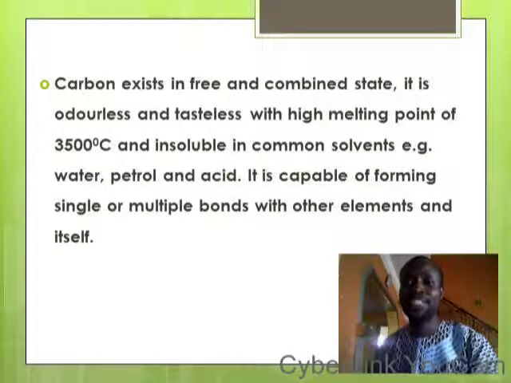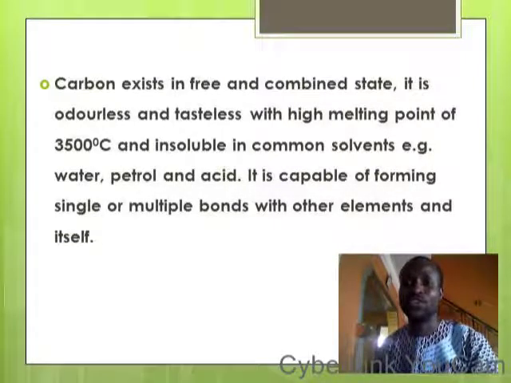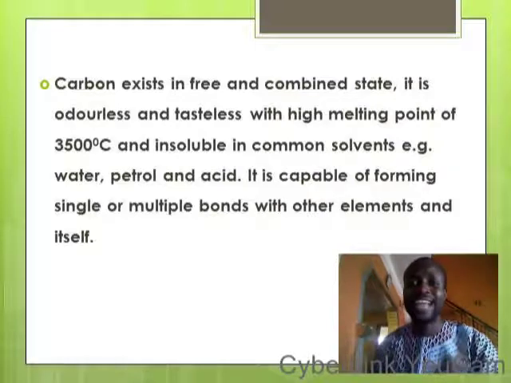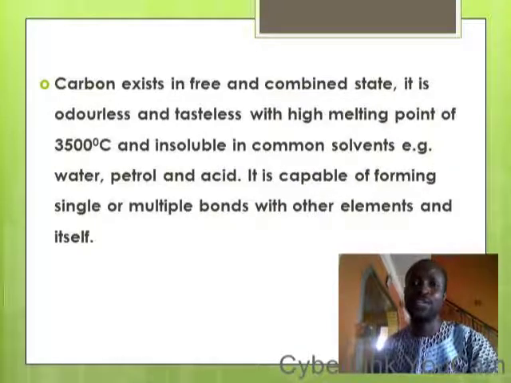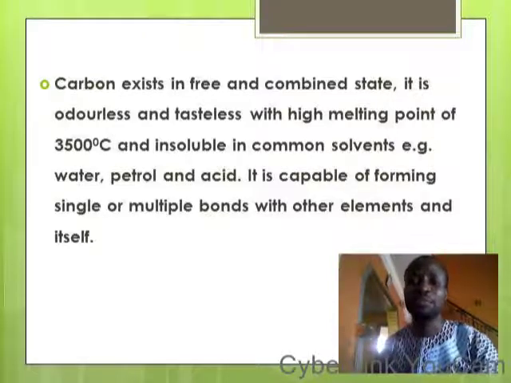Carbon exists in free and combined states. It is odorless, tasteless, with a high melting point of about 3,500, and insoluble in common solvents like water and petrol. It is capable of forming single bonds with itself and with other elements.